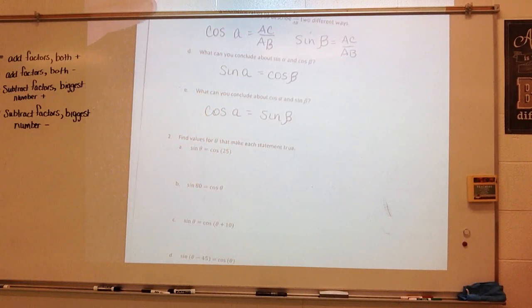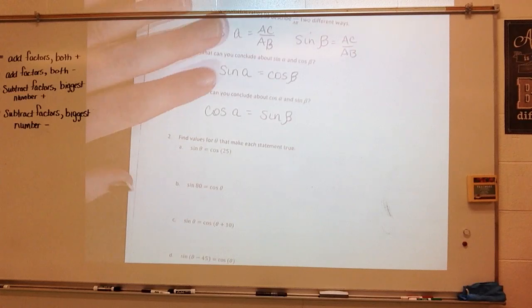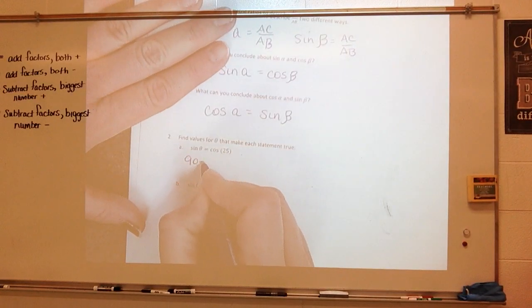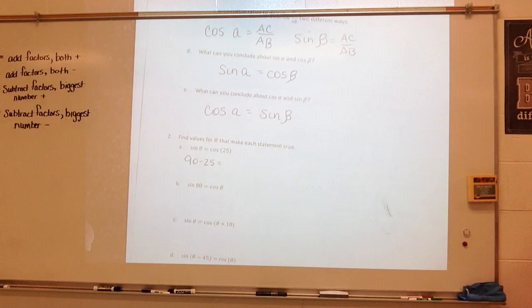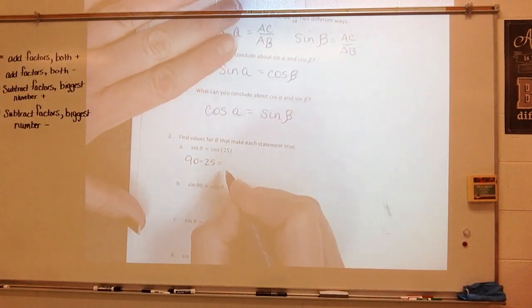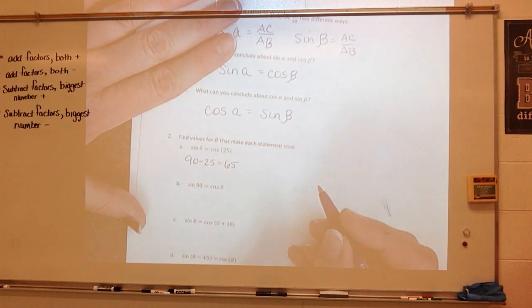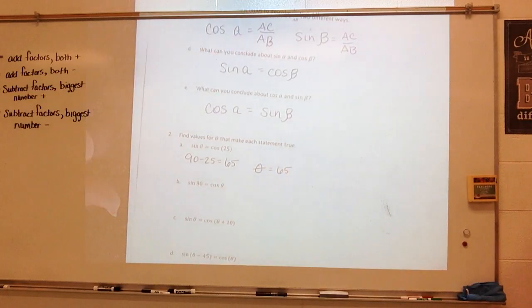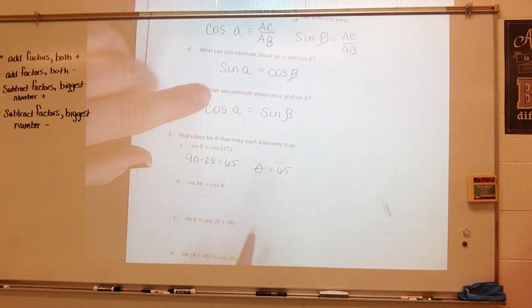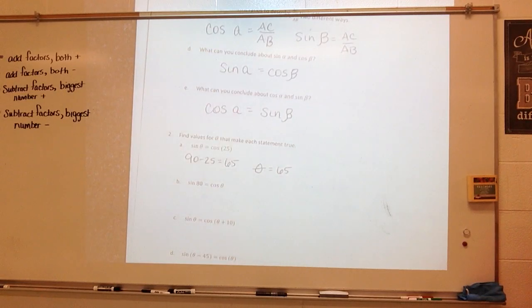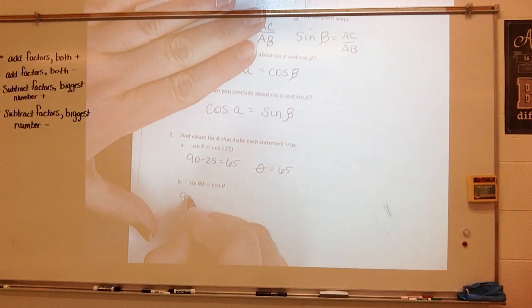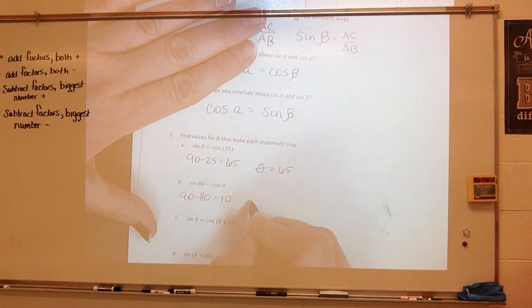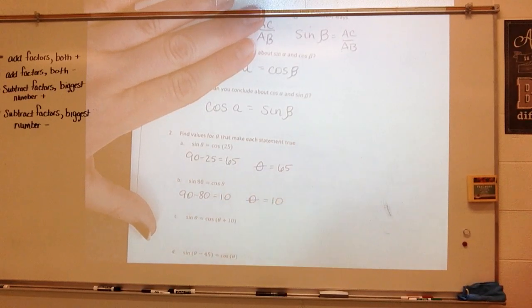They have to be complementary, which means 90 minus 25 gives me 65. So the angle must equal 65. If the sine of 80 is equal to the cosine of an angle, once again, 90 minus 80, so that's 10. So the angle must equal 10.